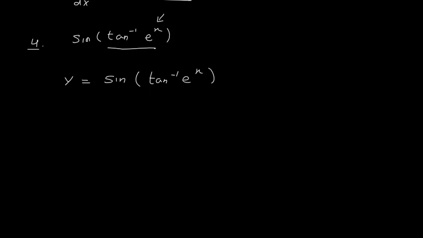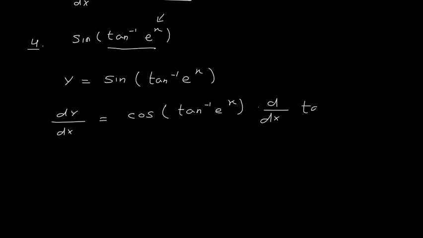So first, when we differentiate this sine function we will get cos. So it is cos of tan inverse e power x. Then we have to differentiate this tan inverse e power x.